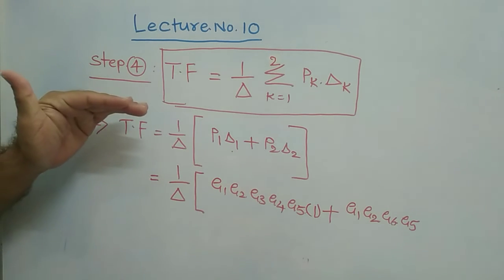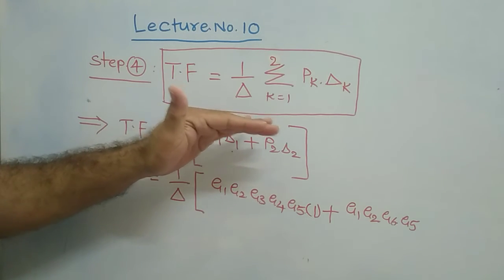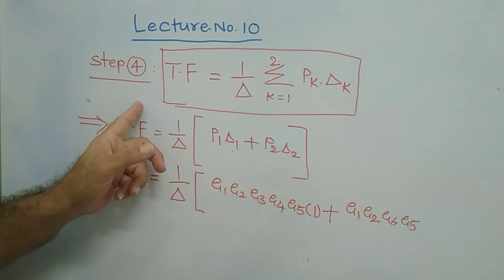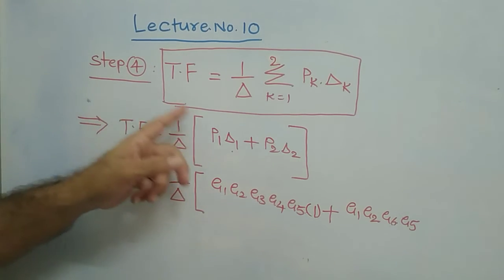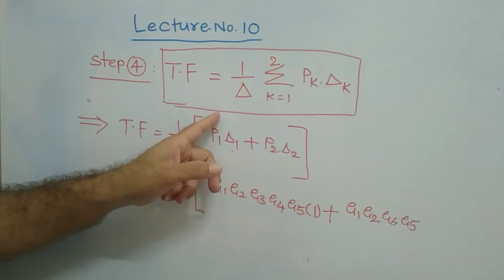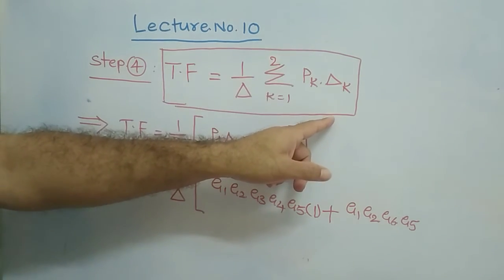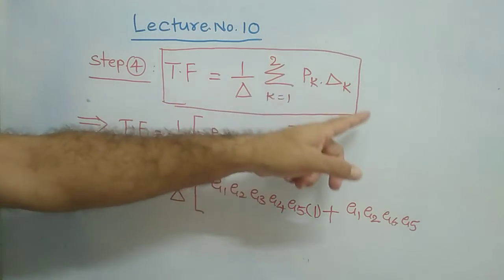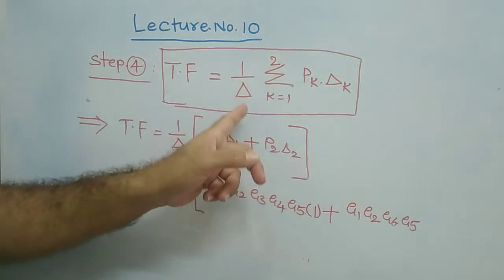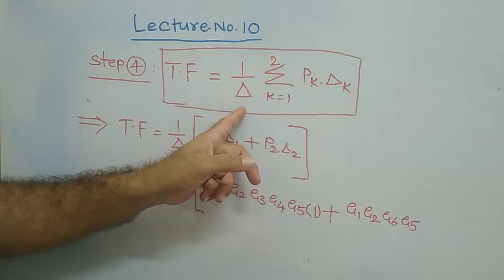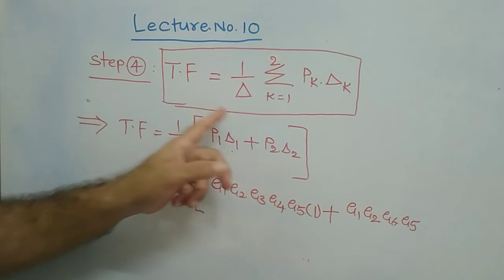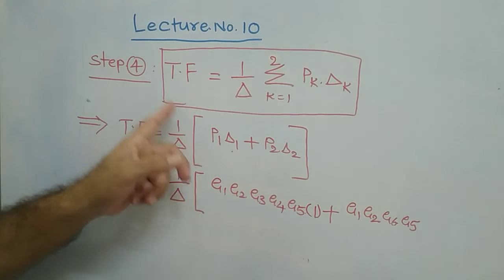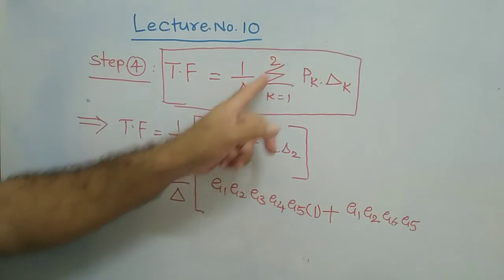If you consider your second forward path, from node 3 to node 5, actually, if you see your problem, from node 3 to node 5, you have the second forward path. Between node 2 and node 3, you have the first loop. This first loop is touching the second forward path.